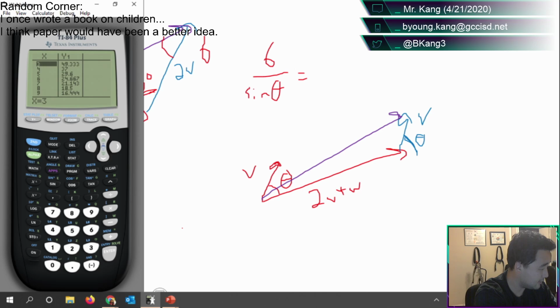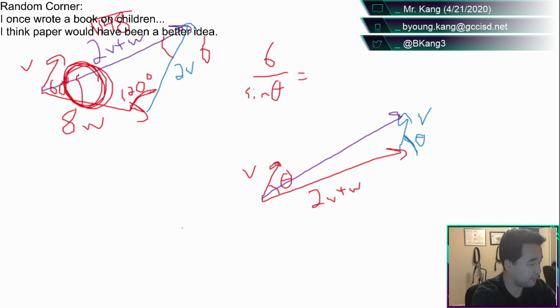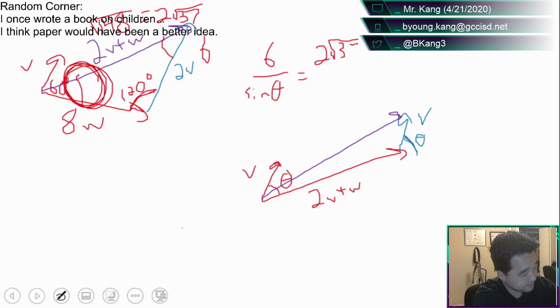Not 9. Oh, 37 is prime. It's going to be 4 and 37. So 2 square root of 37, and then this is over sine 120 degrees.